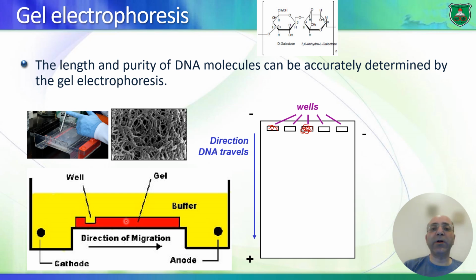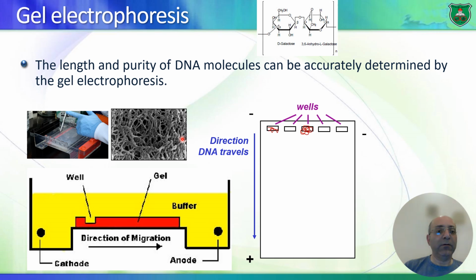The smaller DNA molecules would travel faster than the larger DNA molecules. And here we're talking about the length of the strand of the DNA. So the smaller molecules are going to go through these holes, these pores within the gel faster than the larger DNA fragments.